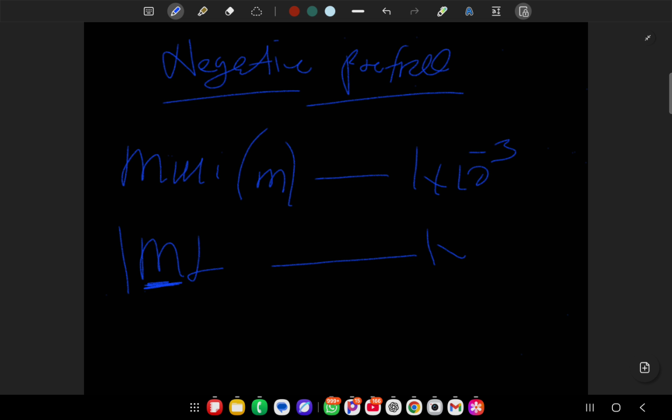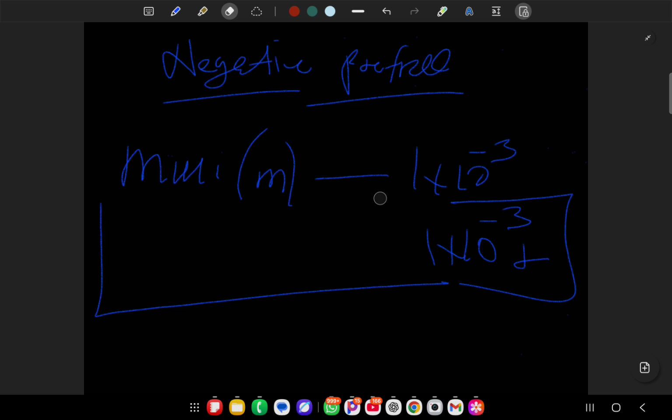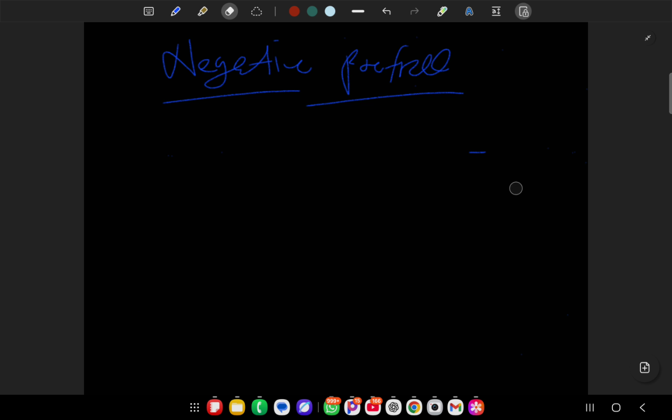I'm going to say 1 times 10 to the power of -3, where it's a milli, then I say liter. So 1 milliliter is equal to 1 times 10 to the power of -3 liters. This becomes a conversion factor that involves milliliters and liters. I can use this to convert any number they give me to whatever units I need. I'm just giving the common ones so you understand what milli means.